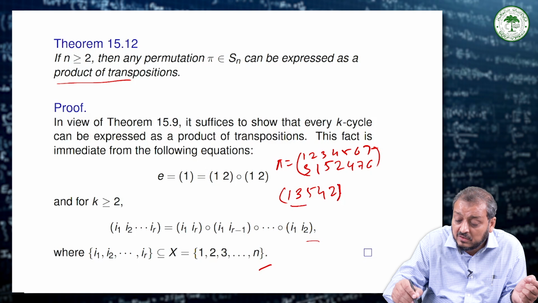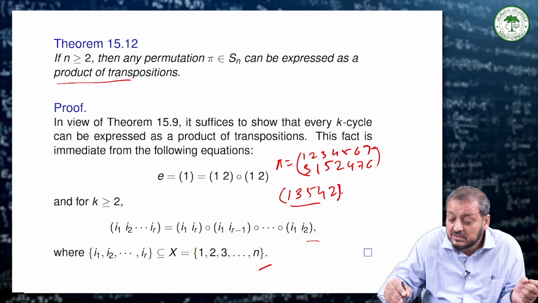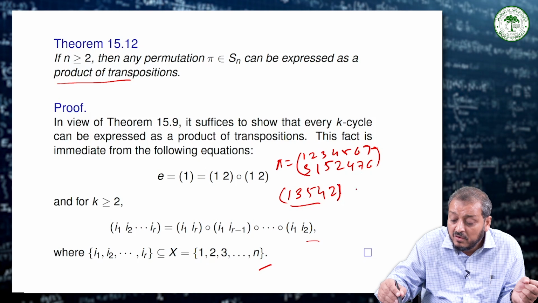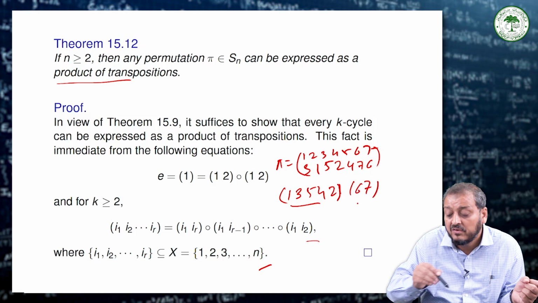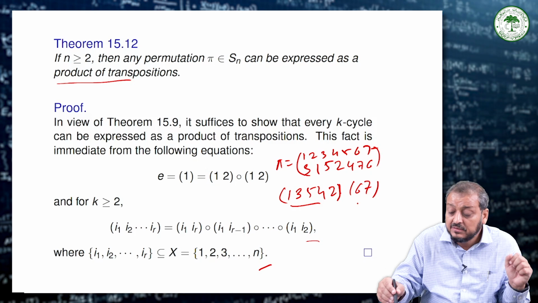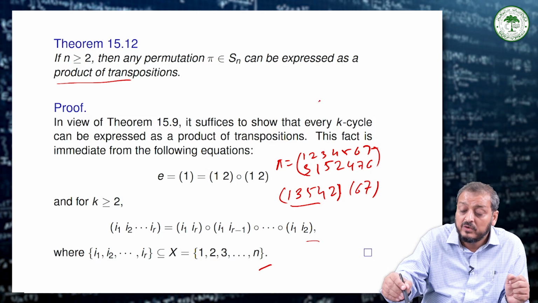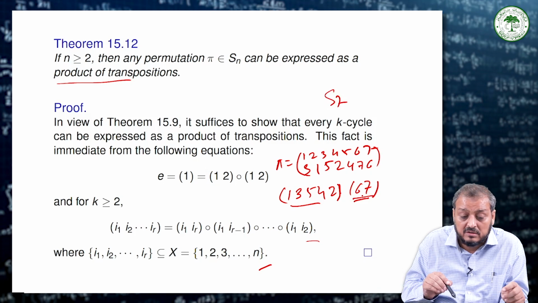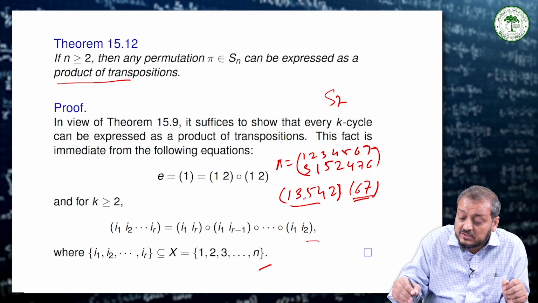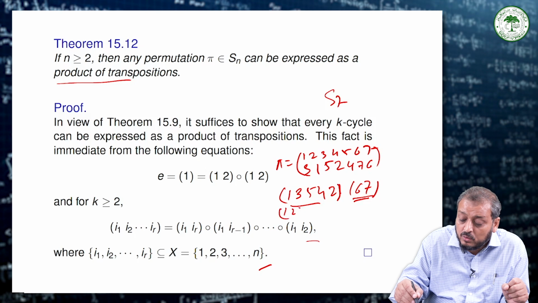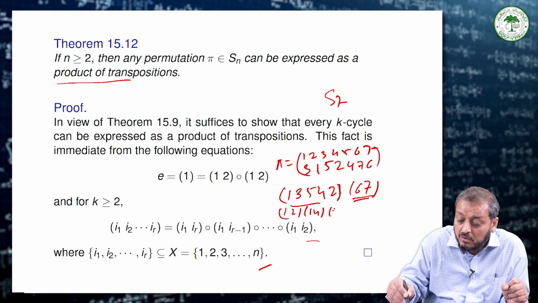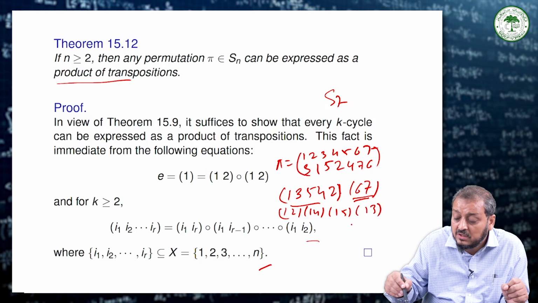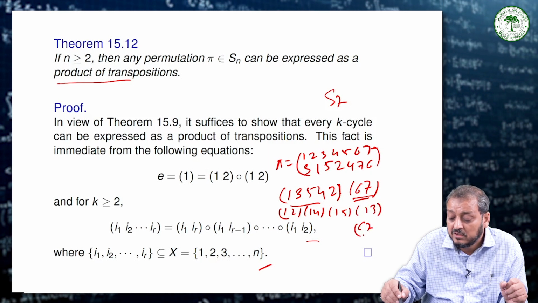Then we take 6 and 7, so we have (6 7), which is already in transposition form. Now this can be written in the form (1 2)(1 4)(1 5)(1 3), and then (6 7).